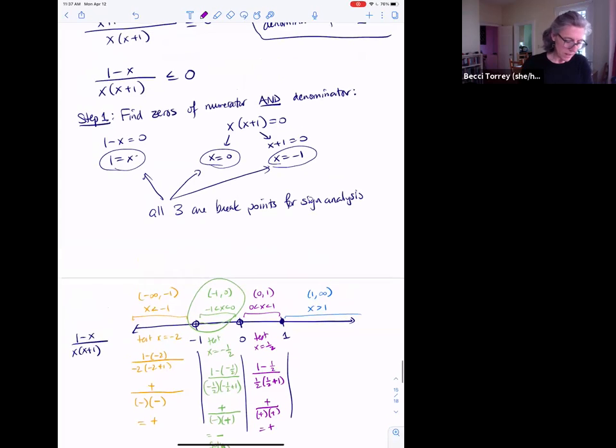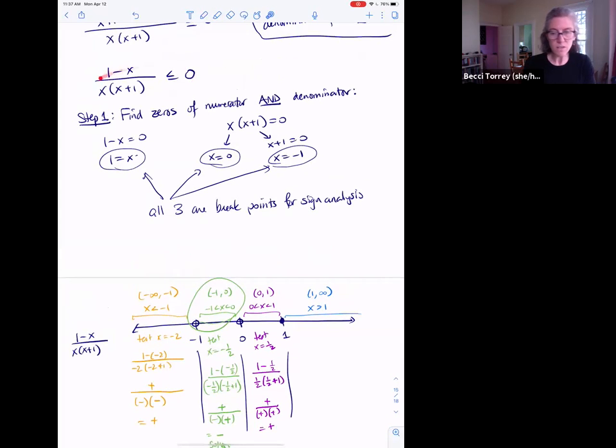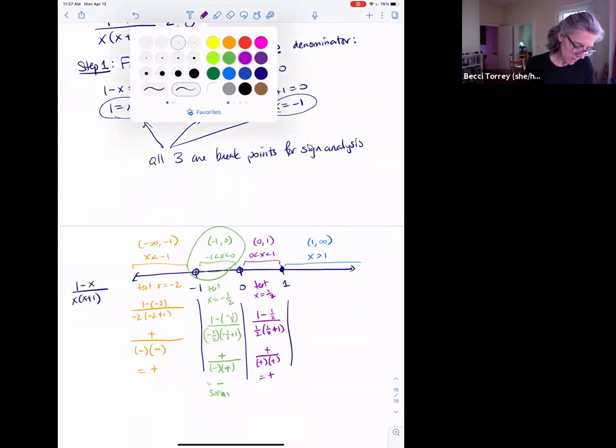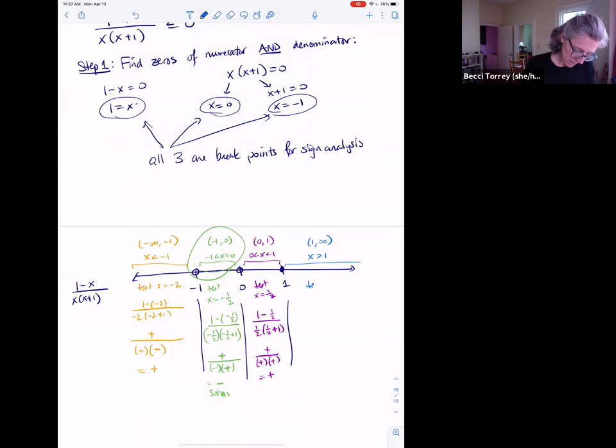It's a happy group, but not part of our solutions because we want the negative numbers. And then we can test something bigger than 1. So maybe x equals 2. Now we have 1 minus 2 in the top over 2 times 2 plus 1. So 1 minus 2 is a negative number divided by positive times positive. So negative divided by positive is negative. So these are also solutions.